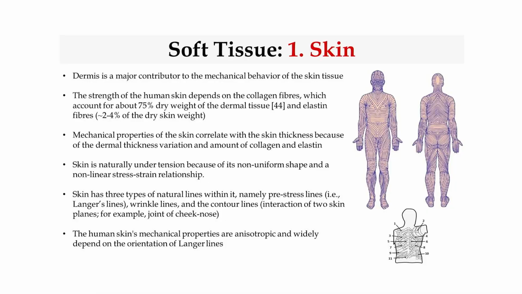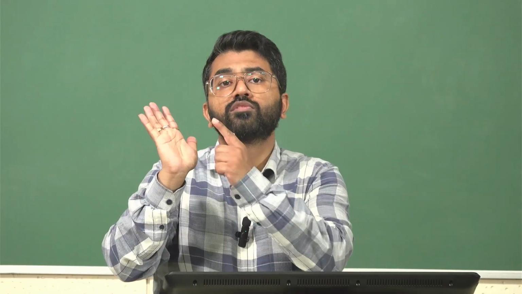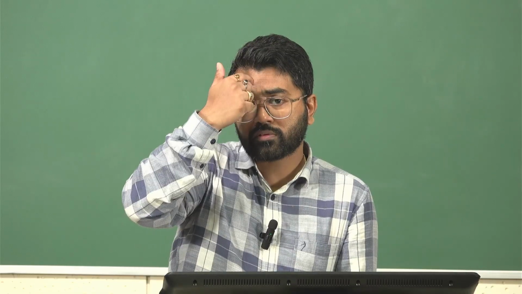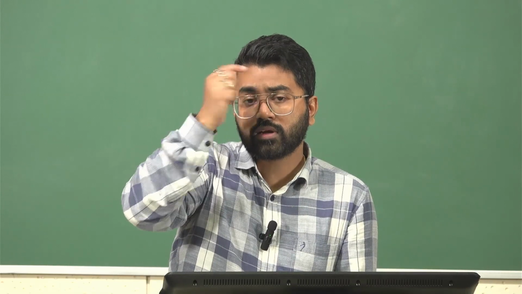So the mechanical properties of the skin correlate with the skin thickness because of the dermal thickness variation and amount of collagen and elastin. So whenever you have a thicker piece of skin, for example, if I take a piece of skin from my palms, it's going to be thicker than what I take from my forehead, because I see my skull right here, right? It could be less than a millimeter of skin.